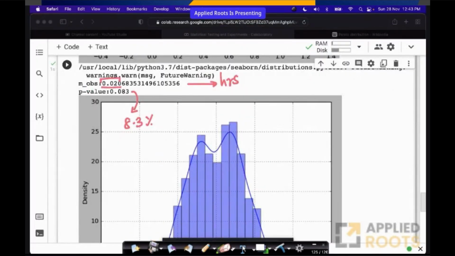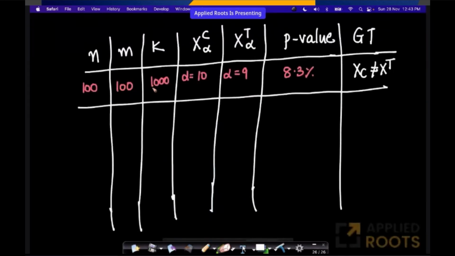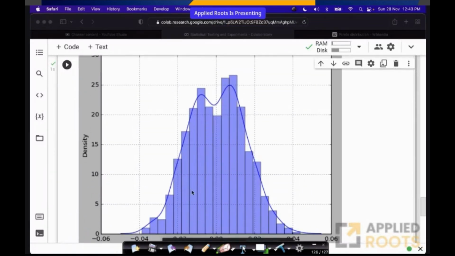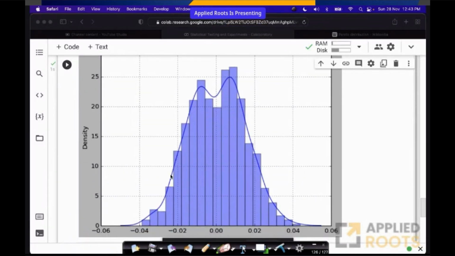Now, we are only repeating this experiment 1000 times, the resampling times. We are only sampling it 1000 times. Now, what is this? Look at this. This is very important. This is the distribution of M. This is the PDF of Ms that are generated under the null hypothesis.